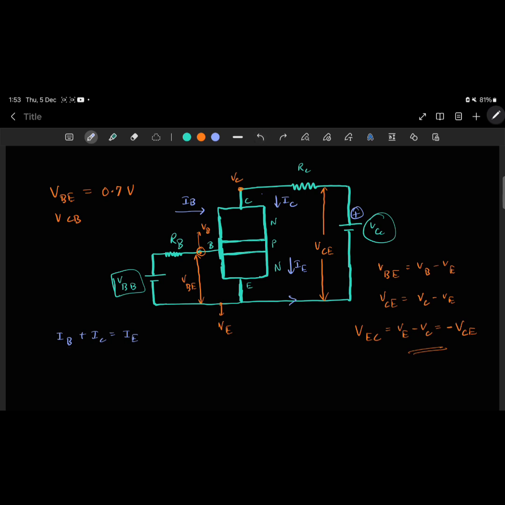For now, let's say that IC is equal to alpha times IE. From Kirchhoff's law, we can say that IB plus IC equals IE. IC is equal to alpha IE, where alpha is a quantity which is equal to IC by IE, and thus determines the fraction of electrons emitted by the emitter which the collector has collected.